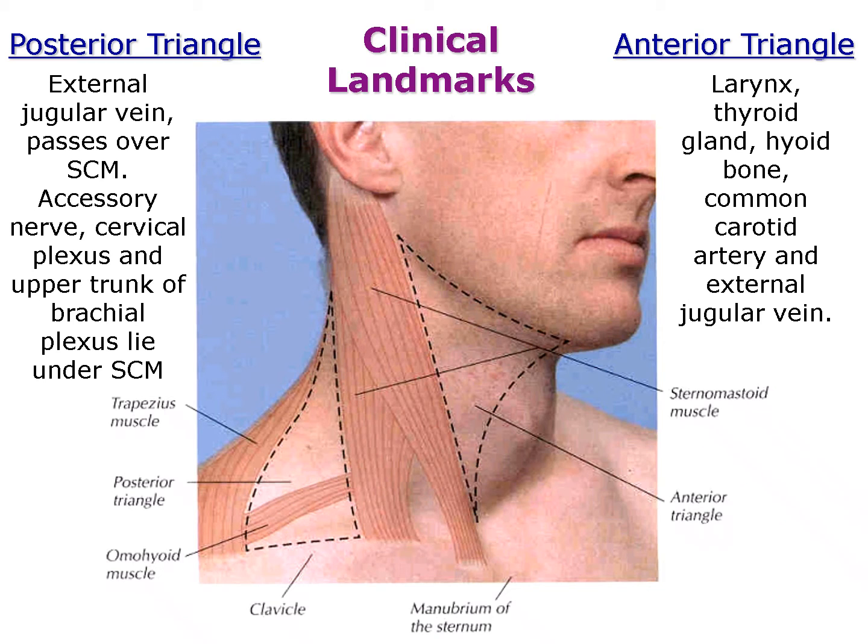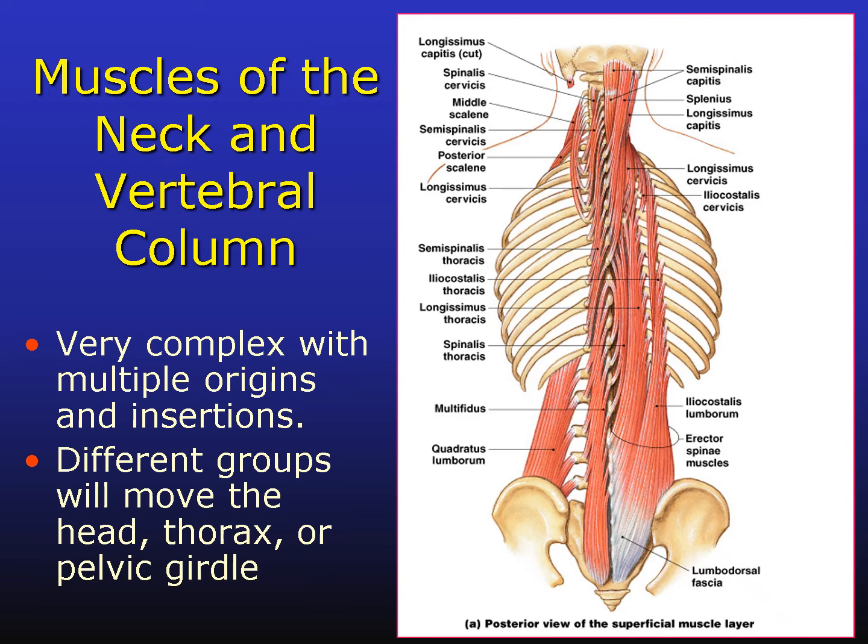The posterior triangle includes the splenius, scalenes, omohyoid, and levator scapulae. The deep muscles of the neck and vertebral column function in producing head movements and trunk extension. They have complex origins and insertions, and their actions can be to move the head, neck, thorax, or the pelvic girdle depending upon which group is contracting.